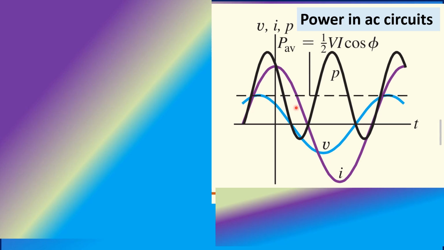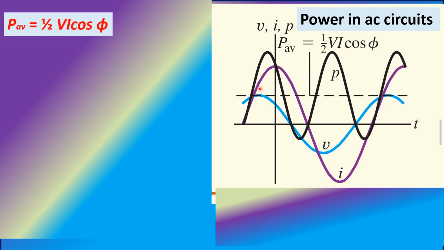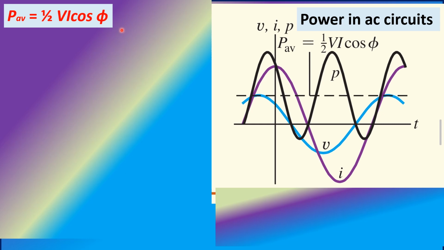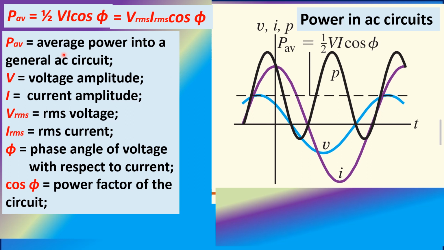This average power is given as one half of the amplitude of the voltage multiplied by the amplitude of the current and the cosine of the phase angle phi, which in terms of the RMS values for voltage and current, is also equal to the RMS voltage multiplied by the RMS current and the cosine of the angle phi. So each of these quantities in this equation is given here.